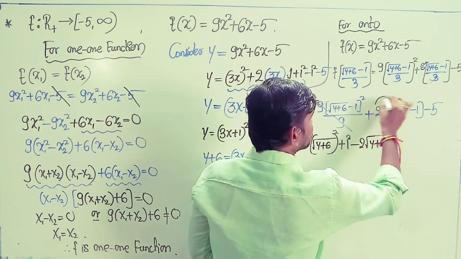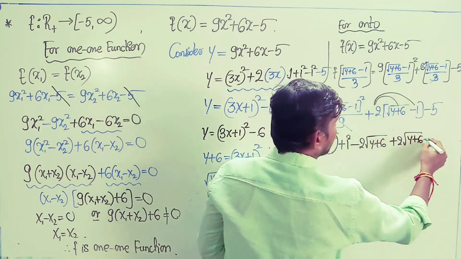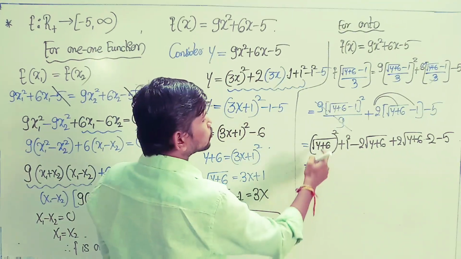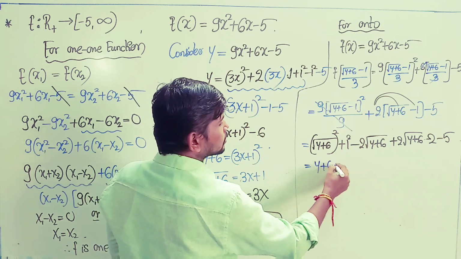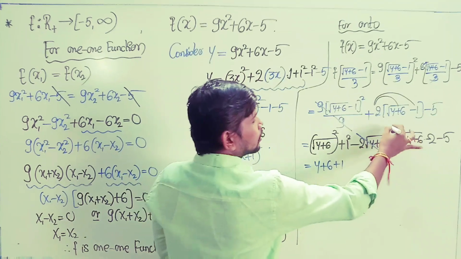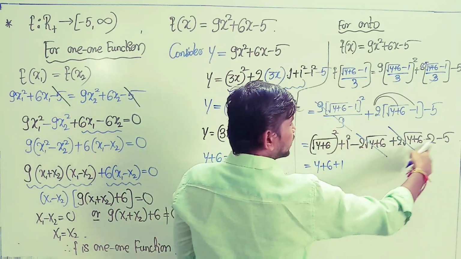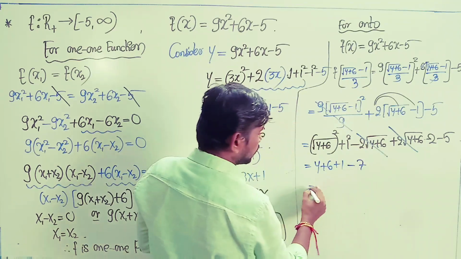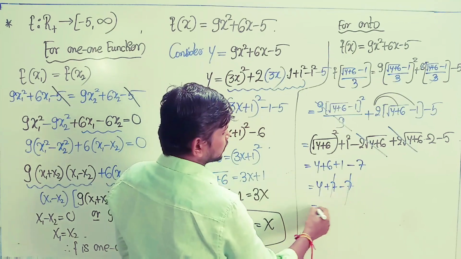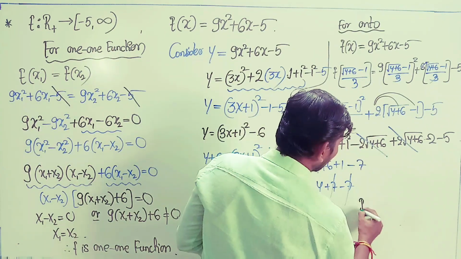After that 2 is multiplied here, 2 root of y plus 6, again 2 multiplied, minus 2, minus 5. Got the point clearly? In this one, squares will cancel, y plus 6. After that plus 1. Here 2 times root y plus 6 and 2 times root y plus 6, negative and positive cancel. Minus 2 minus 5 will be minus 7. It will be y plus 6 plus 1 is 7, minus 7, plus 7 minus 7 cancel. We got y. Means it is nothing but f is onto.